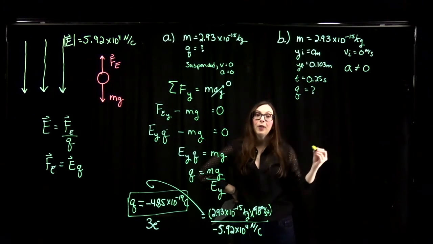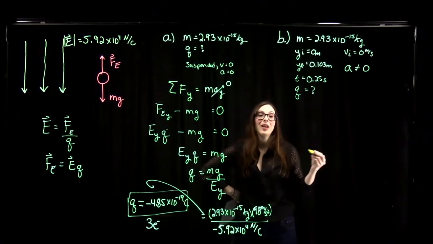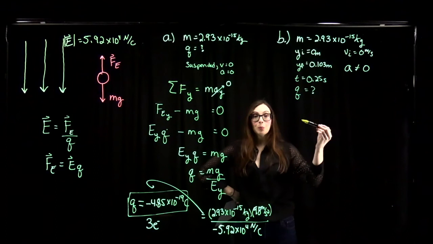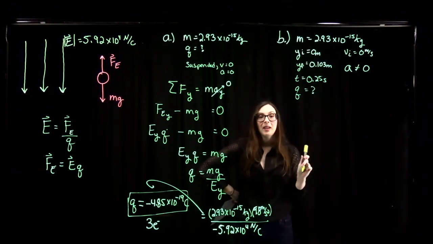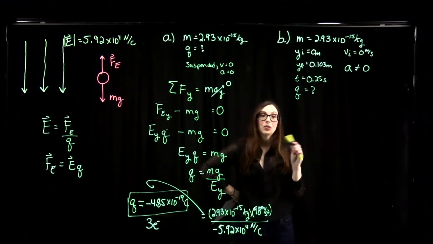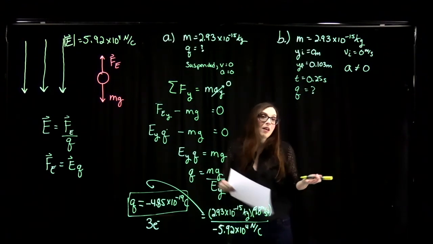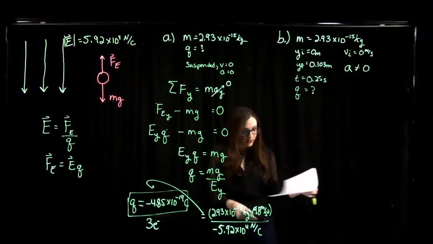And we have to calculate what the acceleration is with the kinematics problem, and then we can plug that into this equation right here for F equals ma. So the first thing that we'll do then is find the acceleration of this particle as it's falling.